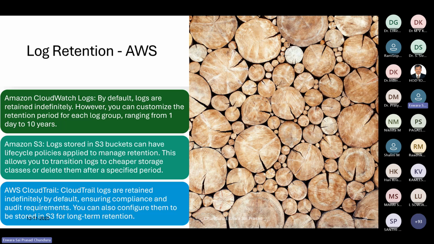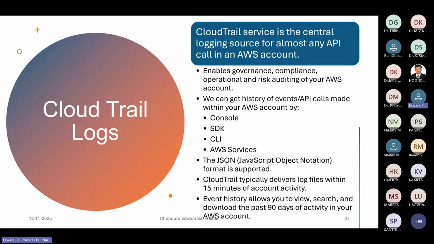And then CloudTrail logs are retained indefinitely by default, ensuring compliance and audit requirements. You can also configure them to be stored in an S3 bucket for longer term retention. So these are the various log retention policies for AWS.